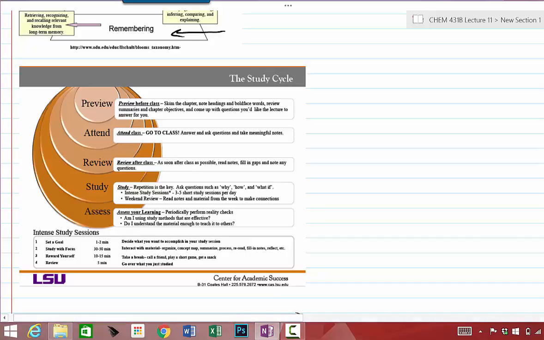It goes through this sort of pyramid here, or maybe these concentric circles. Preview before you come to class what things we're going to be discussing in the chapter. Obviously attend class, okay, and then answer and ask meaningful questions and take good notes, okay.